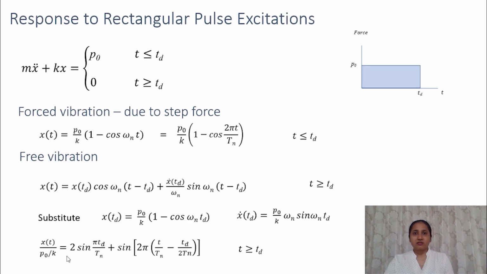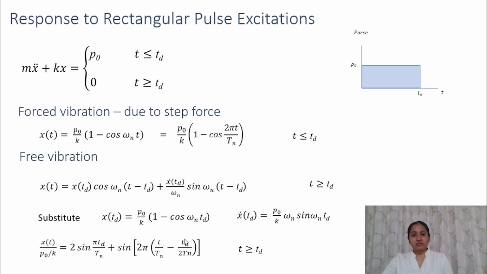Make this substitution and simplify it, and we would get this expression: x(t) divided by the static response, p naught by k, is equal to 2 sine(pi td by tn) plus sine 2 pi (t by tn minus td by 2 tn). This expression is valid when time is greater than td.